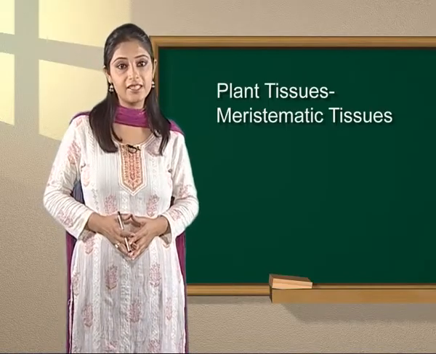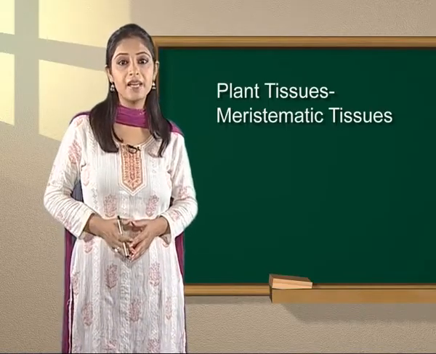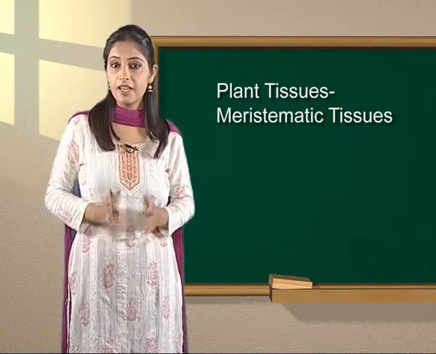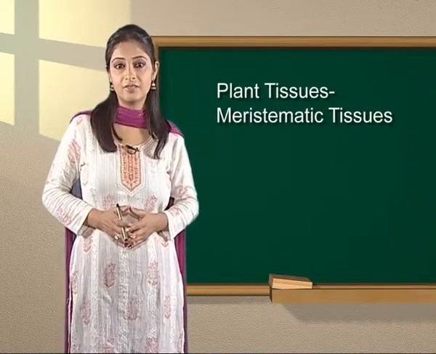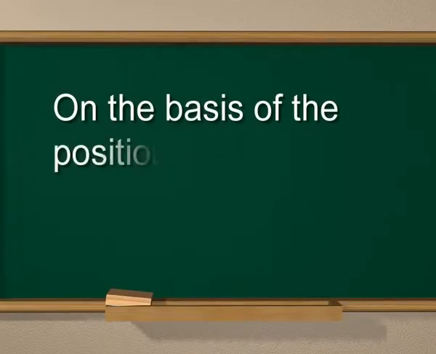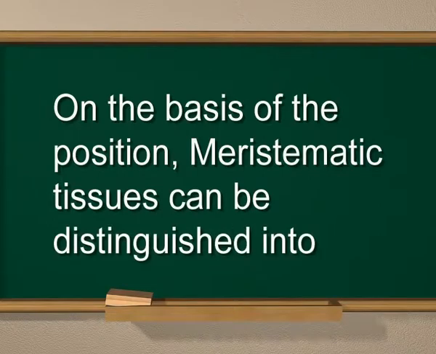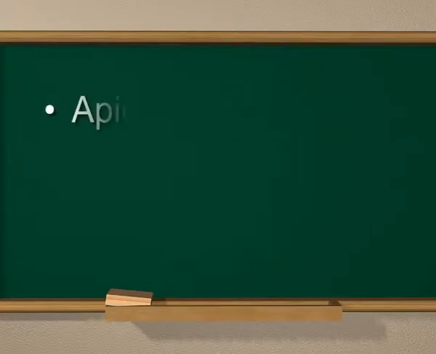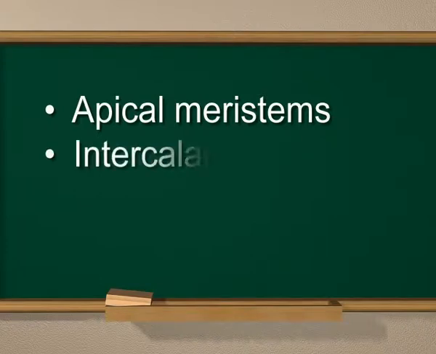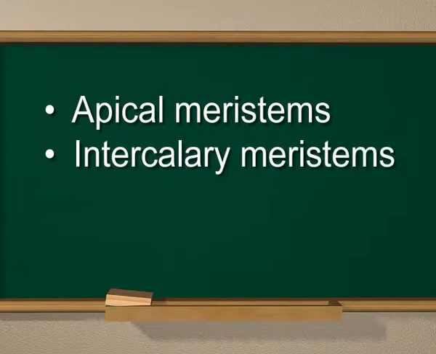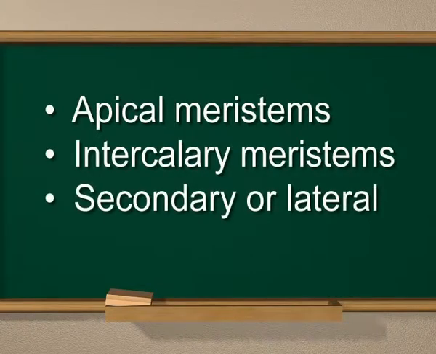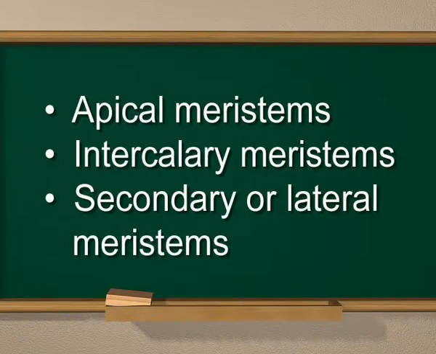The next question is, how are the meristematic tissues classified according to their position? Answer: on the basis of their position, meristematic tissues can be distinguished into apical meristems, intercalary meristems, and secondary or lateral meristems.